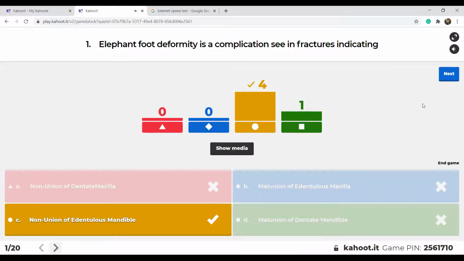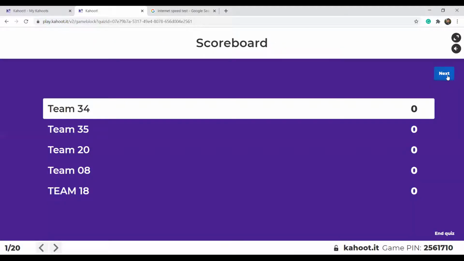The answer is non-union of edentulous mandible. Very good. You must remember this classical clinical presentation on radiographs is mainly because of hibernation of fractured ends. So you must freshen up the ends, remove the interposed fibrous tissue, and then only fix the fracture. Let's look at the scoreboard. Team 34 is on top with 975. Let's move on to the next question.